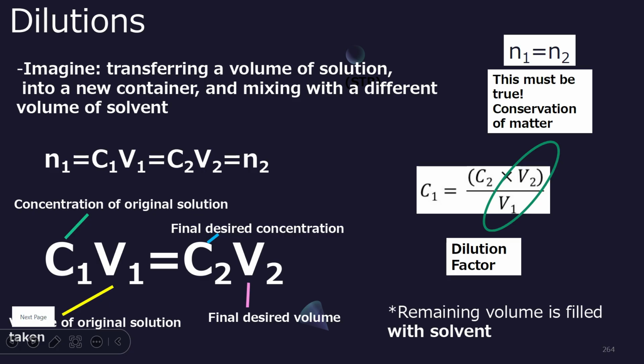It modifies the final concentration, C2, and tells you how you would get C1, or vice versa. You'll often hear people say, oh, I want to dilute this by 10 times or 100 times or 1,000 times. What they're talking about is that dilution factor.